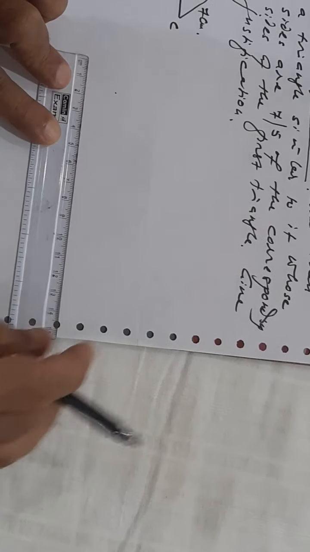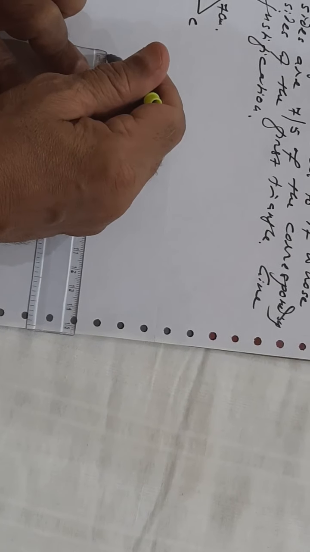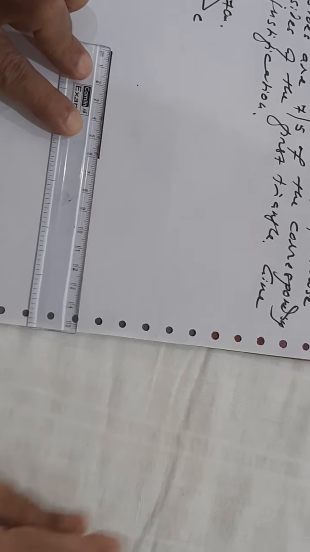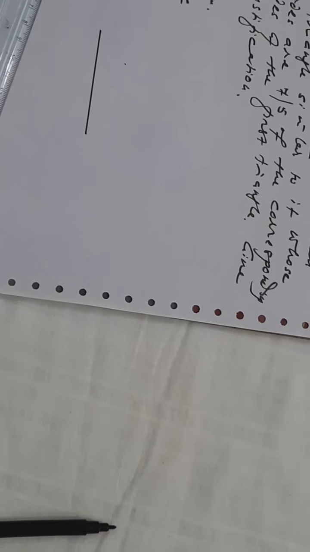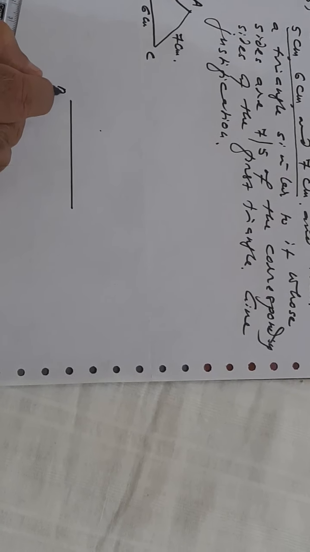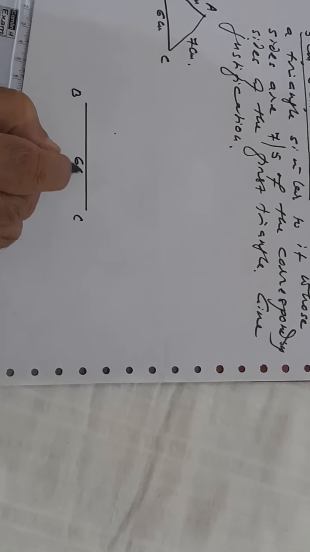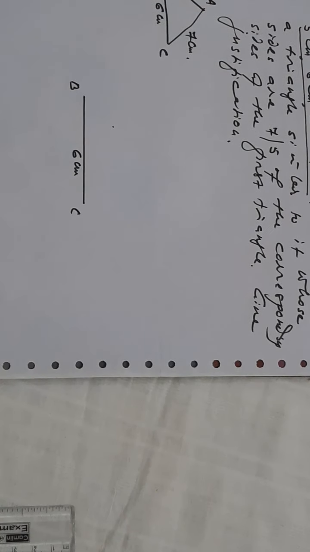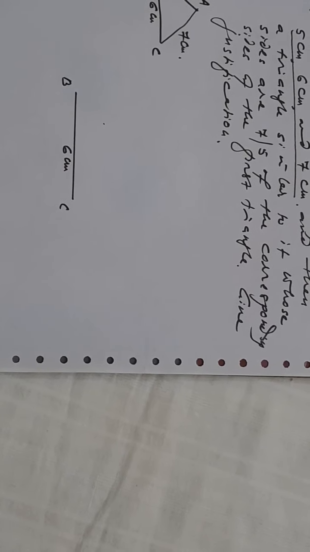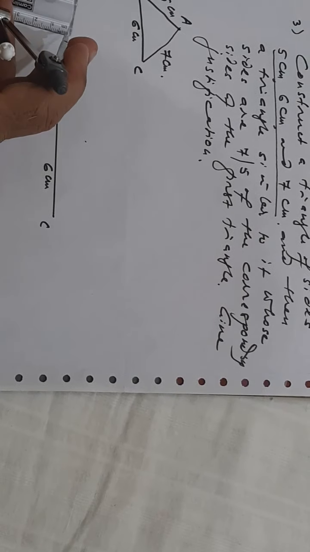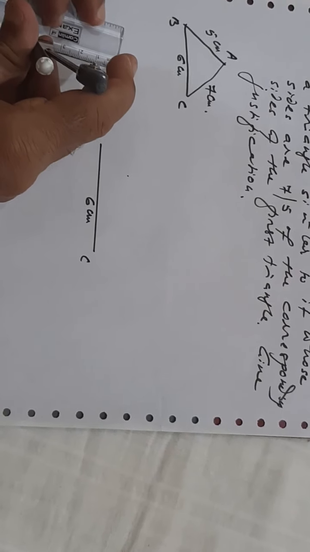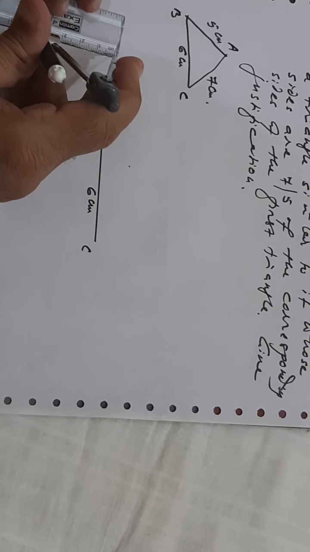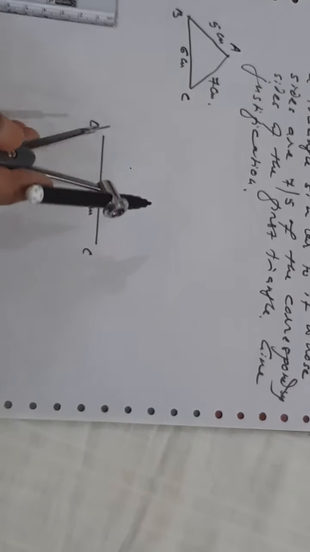BC we will draw 6 centimeter. We will take the compass, write as BC 6 centimeter, then we'll take AB, radius of the compass AB 5 centimeter, so this is 5 centimeter.